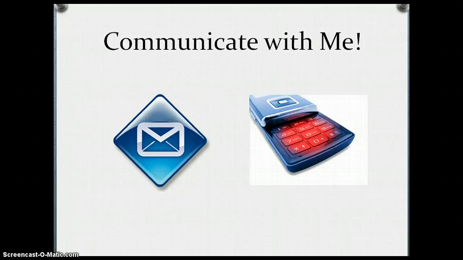So I ask you to please test your email. Send me an email through the classroom. Test the system. And if I don't respond with, I received your test email, then we need to figure that out. Then you need to call me. You'll find all my contact information in the classroom, so use it.